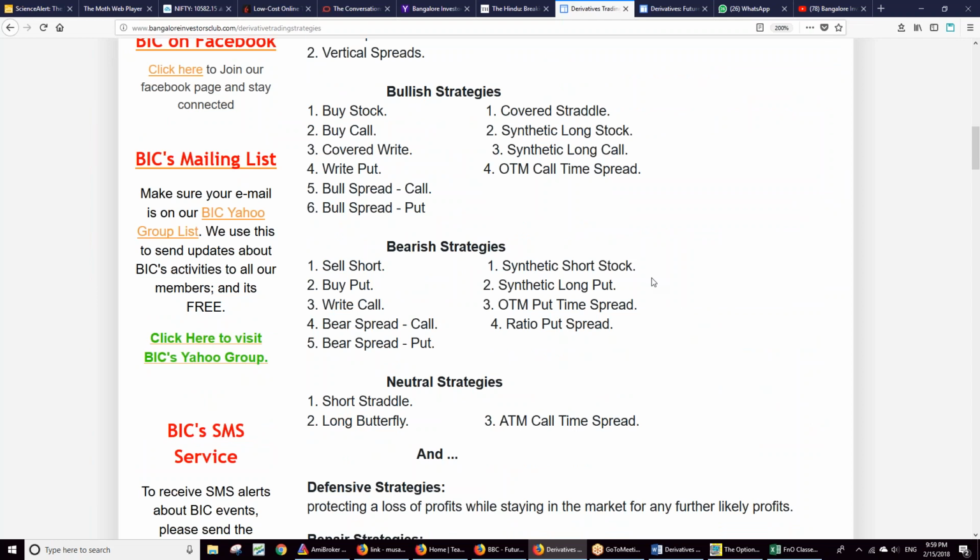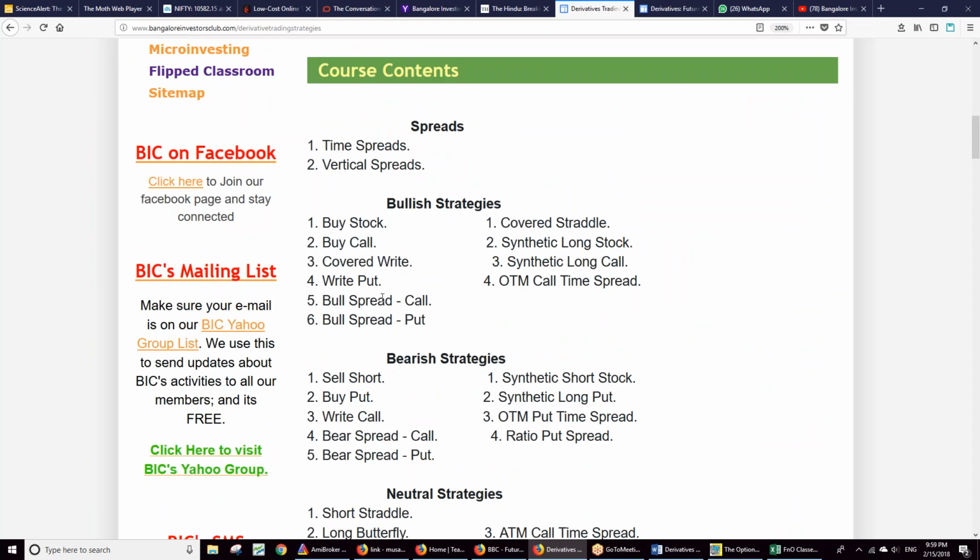Not in the sense that there's a video for synthetic long call and synthetic long stock and OTM put time spread. It's not like that. There are videos for the spreads, there are videos for the bullish strategies, bearish strategies, etc. And we may discuss one or more of these strategies in a particular video.